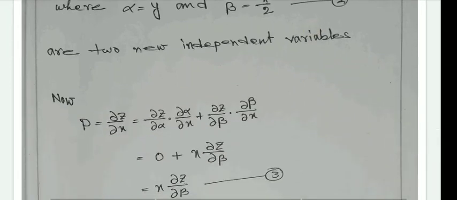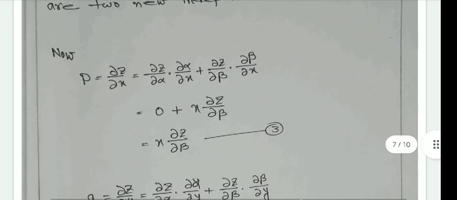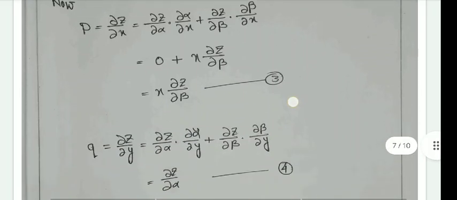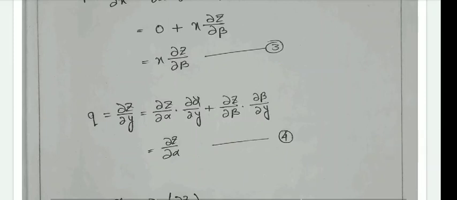Now we find p. We know that p is del z by del x. With respect to alpha and beta, we can find p. So here is the p, equation 3. Similarly we can find q.